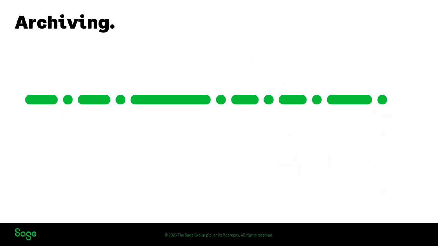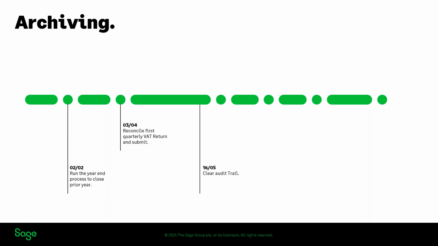So let's look at a timeline of when you might take an archive. On the 2nd of February, you run the year-end process to close the prior year. On the 3rd of April, you reconcile your first quarterly VAT return and submit. 16th of May, you run a clear audit trail.